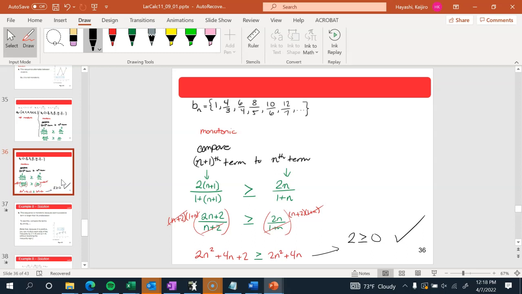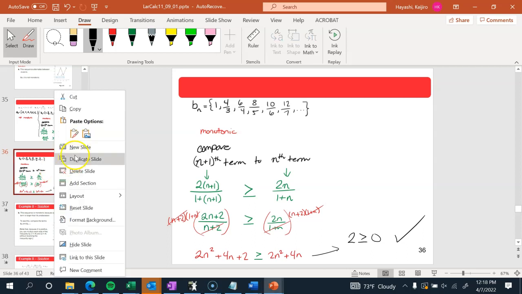Since we ended up with, for example, 2 is greater than or equal to 0, that means that the left-hand side was greater than the right-hand side all along. And you can prove that the next term will always be bigger than the previous term, something like that.